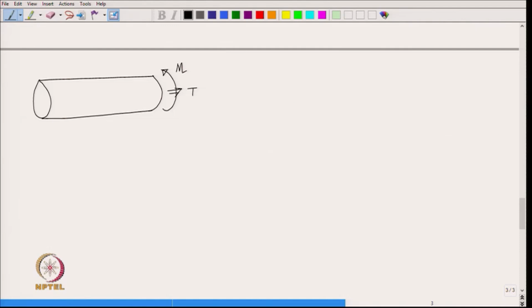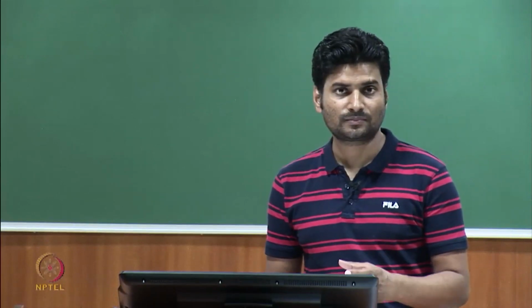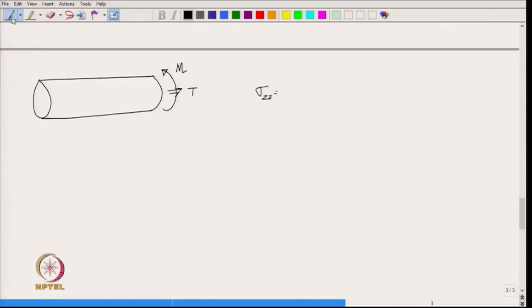So, we have both torque and bending moment. Due to bending moment, you can recall we only get sigma x x, is it not? And since we have a cylinder here, let us think of using cylindrical coordinate system. So, we will only have sigma z z due to bending moment, right. And how much would be sigma z z? That is equal to minus of bending moment m into y divided by I, okay.